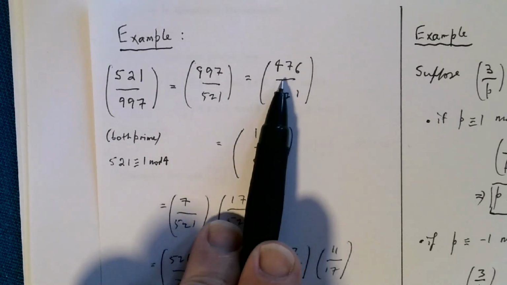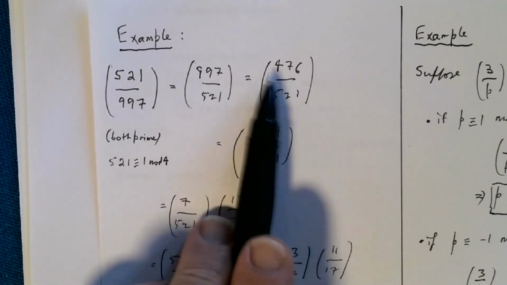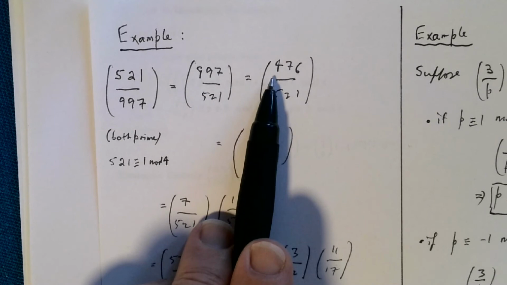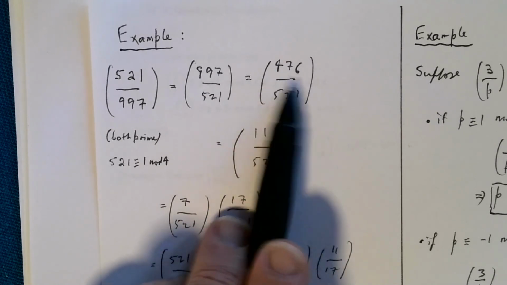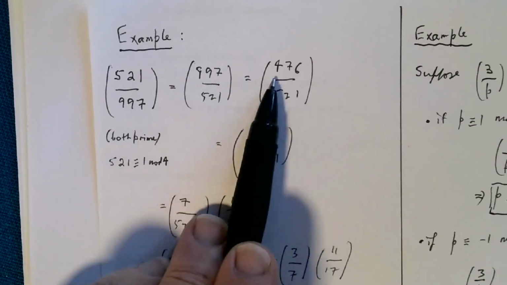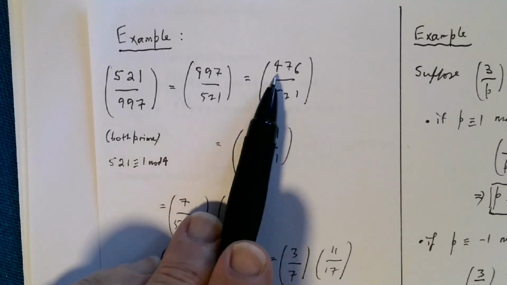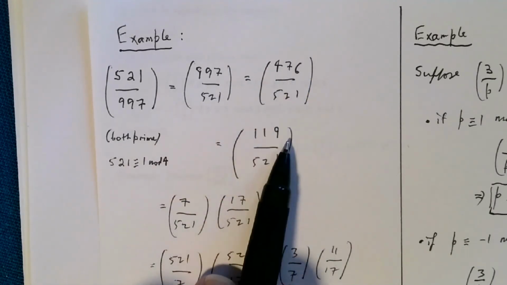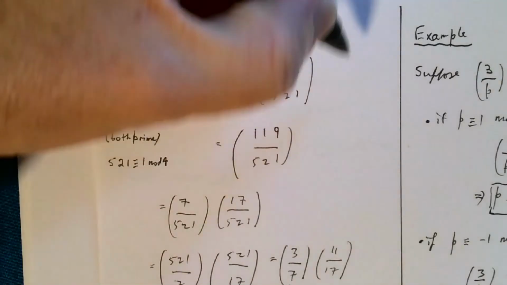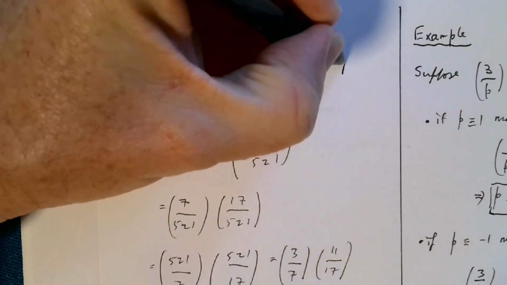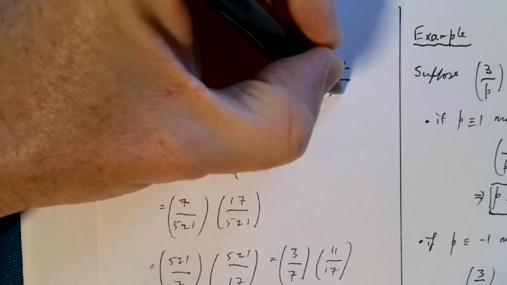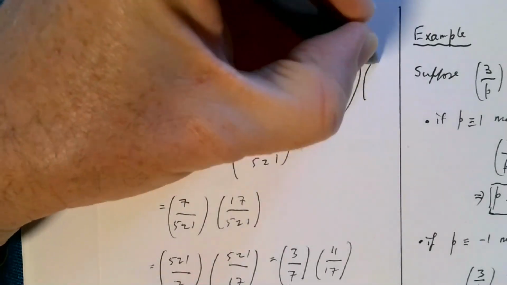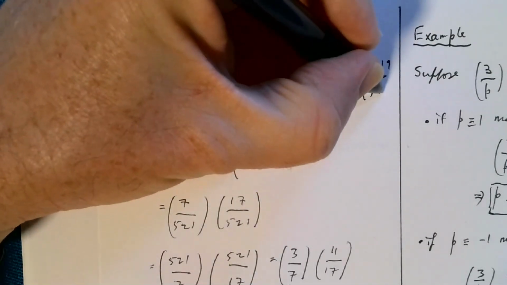Now this number here, of course, is not prime, so what I'd now do is factor this, and it happens to be divisible by 4. If you divide this by 4, you get 119. So what I'm doing here is splitting this as 4 over 521 times 119 over 521.